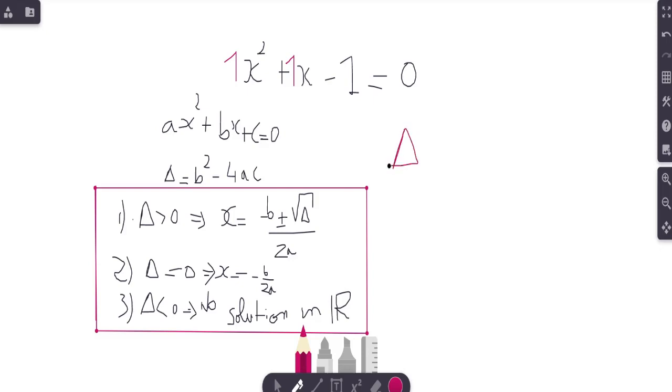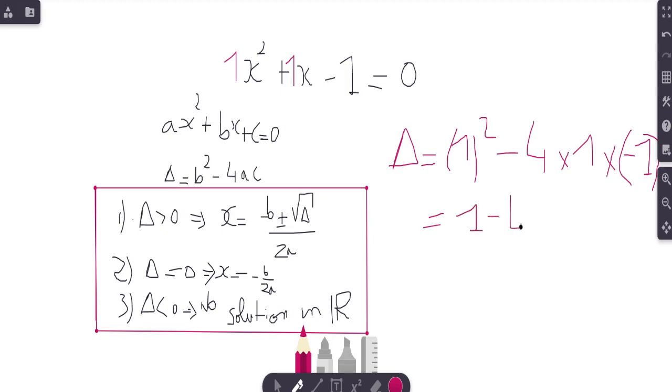So delta equals b squared, which is 1, minus 4 multiplied by a multiplied by c, which is minus 1. So this is 1 squared is 1, minus 4 multiplied by 1 multiplied by minus 1.